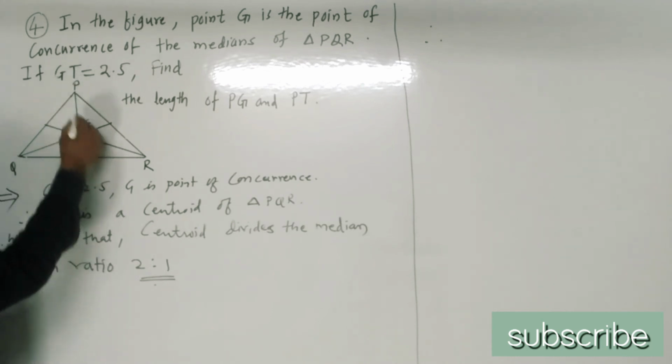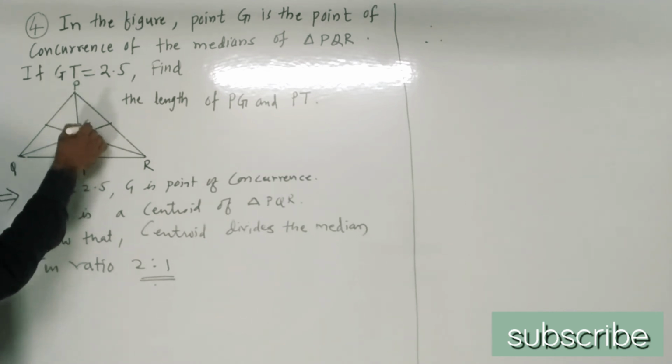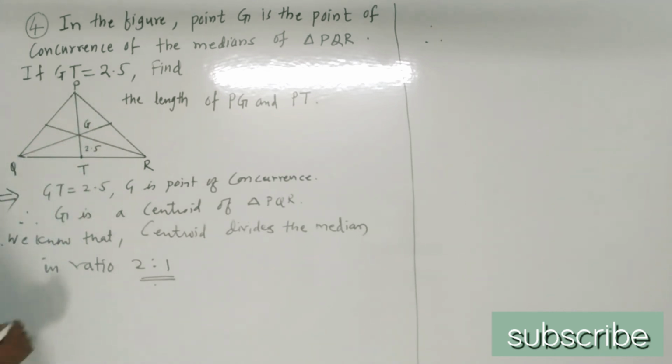Therefore, this median PT is divided in the ratio 2:1 by point G.